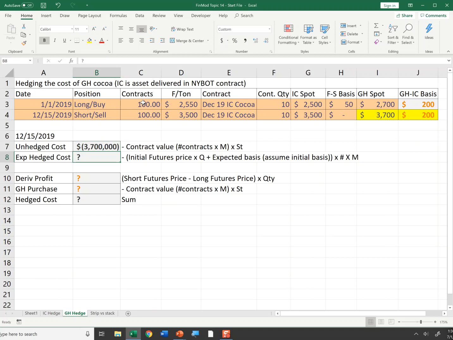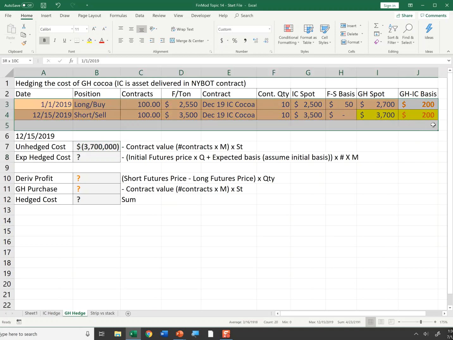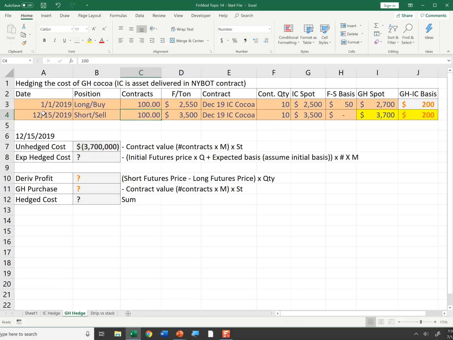Now their expected hedge cost, once they put on this futures contract and make that decision to unwind, is that futures price plus that initial basis times those 1,000 tons.